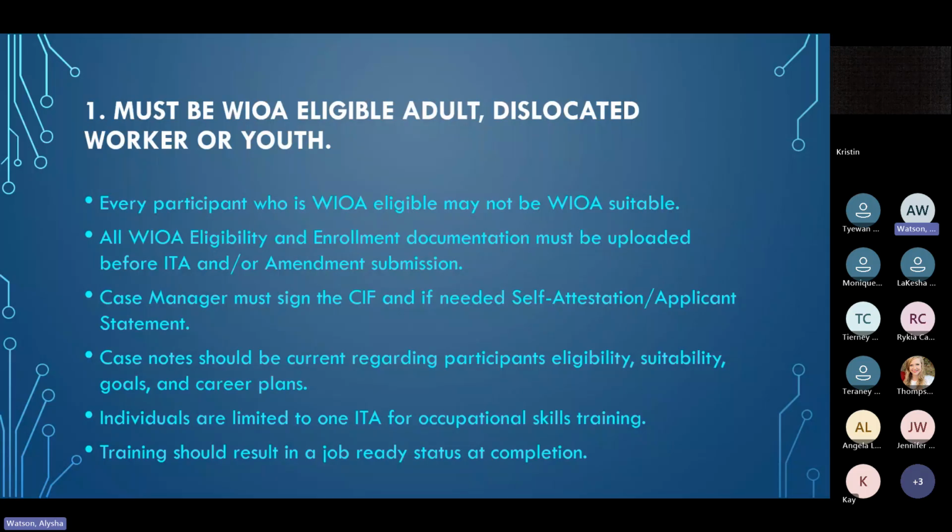The case manager must sign the CIF and, if needed, the self-attestation form. The old name used to be the applicant statement, but it is the same document. Case notes should be current regarding participants' eligibility, suitability, goals, and career plans. Individuals are limited to one ITA for occupational skills training, and training should result in a job-ready status at completion.